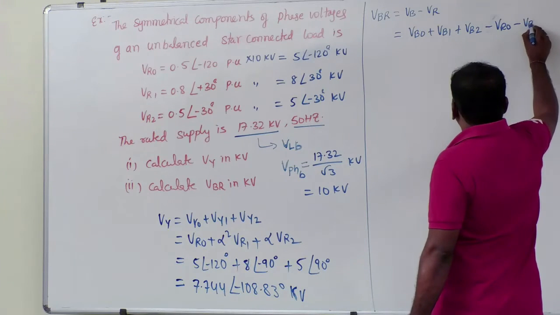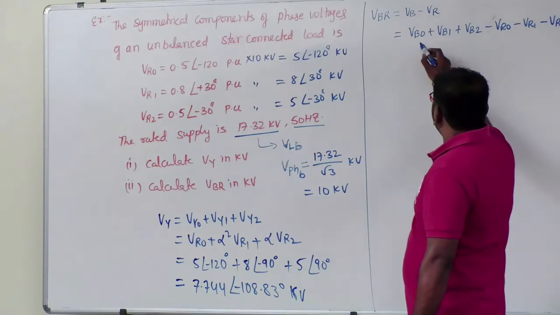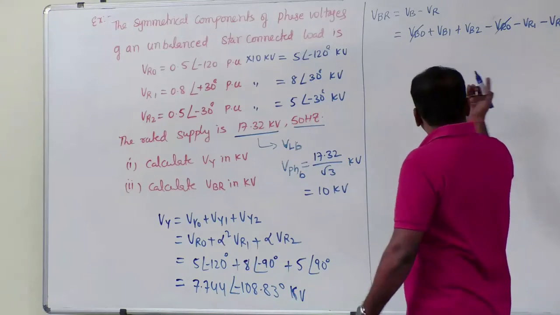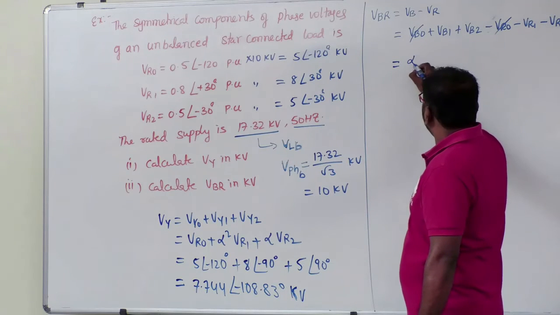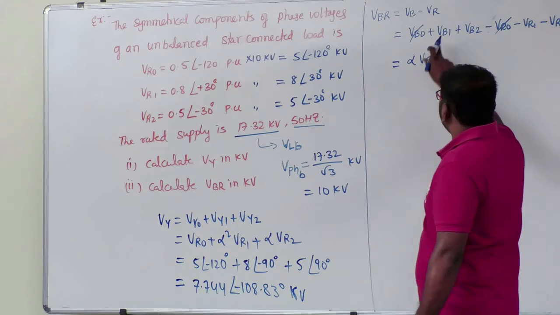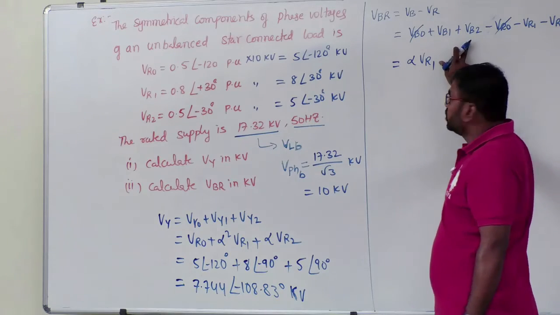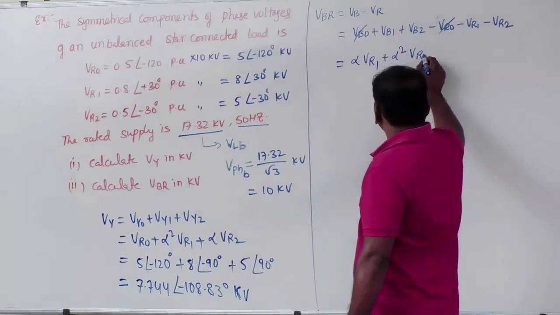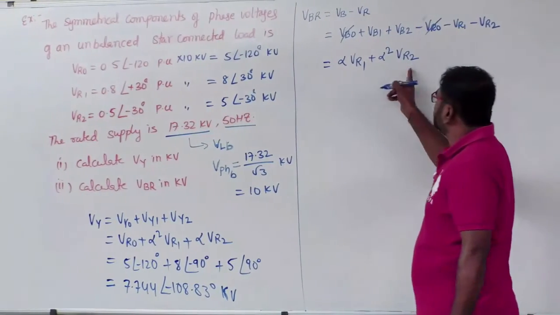Vr0, Vr1, Vr2. Clear? So Vb0 and Vr0 are equal and get cancelled. What can I write? Vb1 is alpha times Vr1. What is Vb2? Alpha square times Vr2.